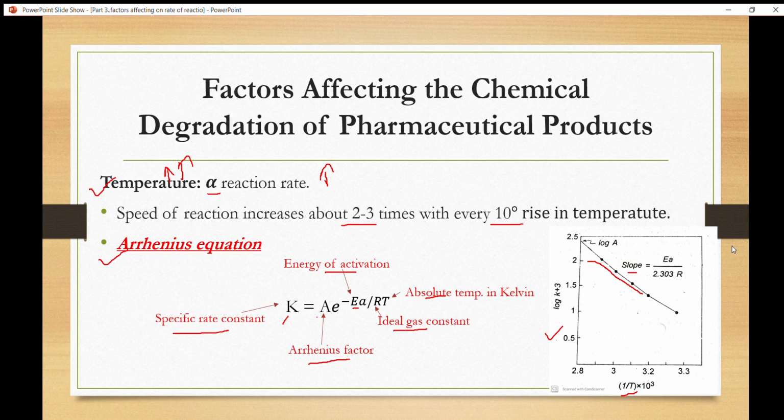The slope gives the value minus Ea upon 2.303 R, where Ea is the activation energy, and the intercept on the y-axis gives the value of log A. Using all these factors, we can easily calculate the speed of reaction, that is the specific rate constant.